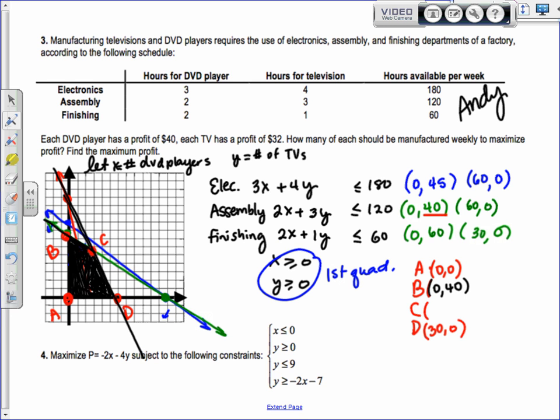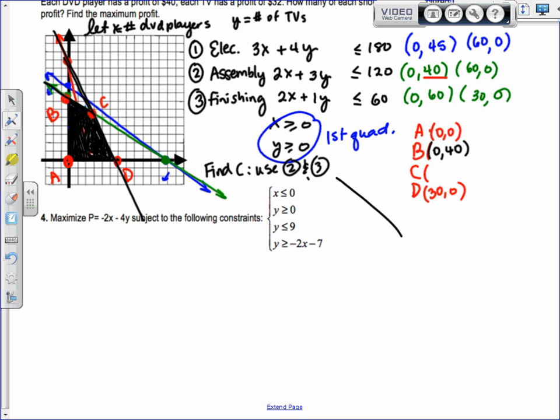It's going to be the third and second line intersecting, right? So to find C, we're using 2 and 3. I'll write it down here.